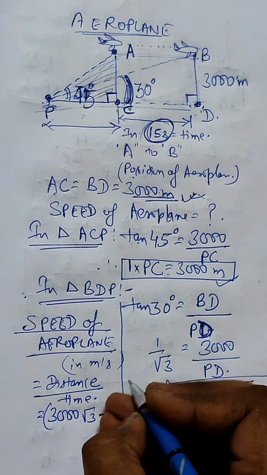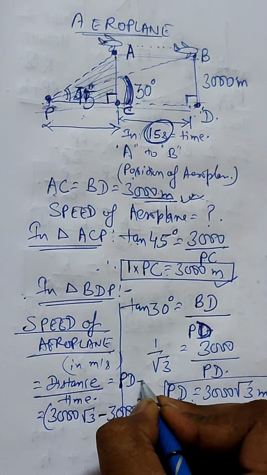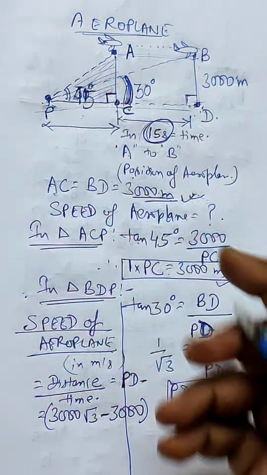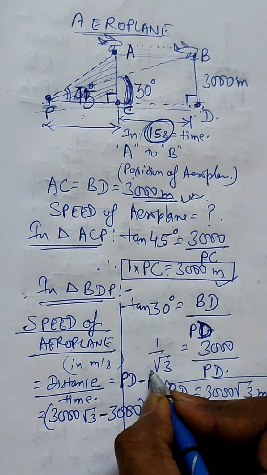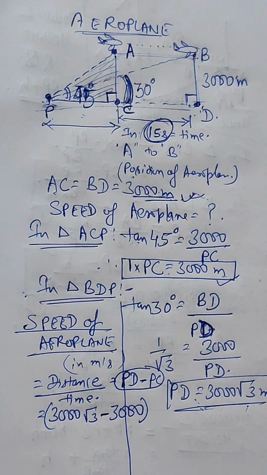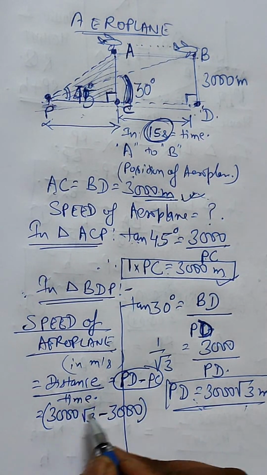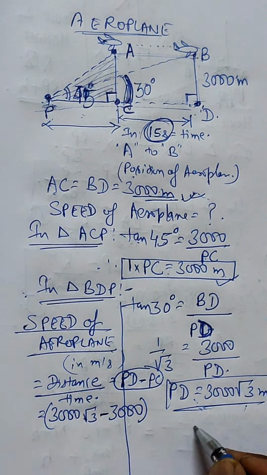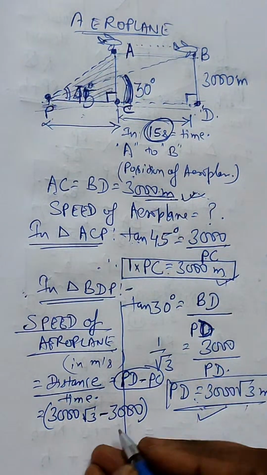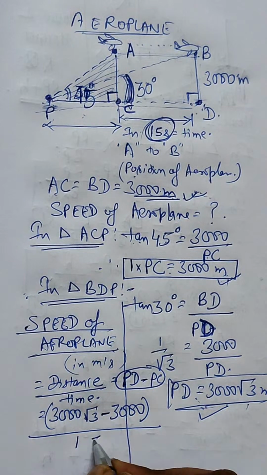So the distance covered is actually PD minus PC. So this will give you PD minus PC as 3000 root 3, as we have calculated, minus PC, this value 3000. So this is the total distance, and the total time taken is 15 seconds, right?